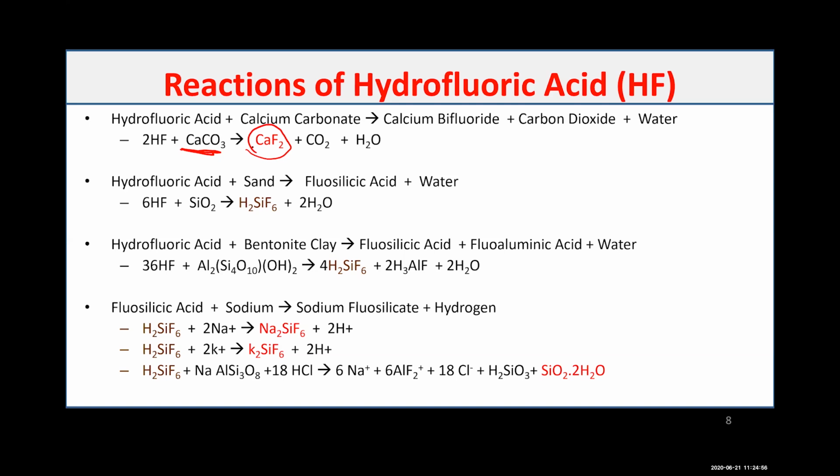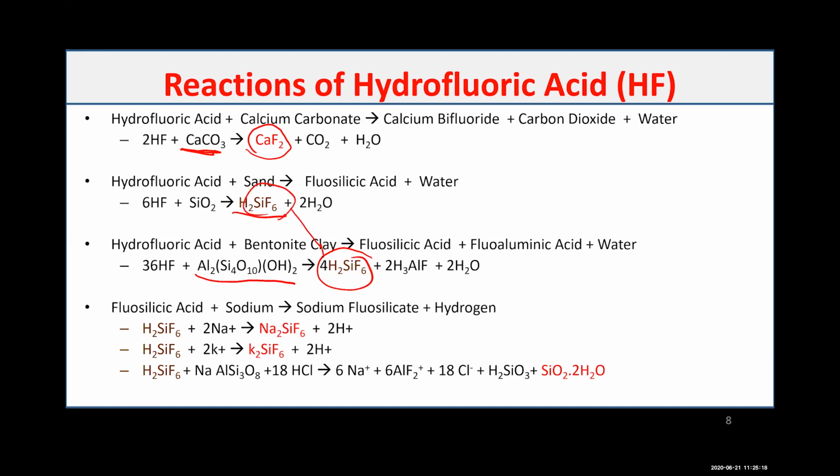you can see the reaction is happening in 2 steps. First, when the HCl reacts with the sand itself, it produces what's called fluosilicic acid. And the same is happening when it reacts with clay, for example bentonite. It produces the same acid, the fluosilicic acid, in both.